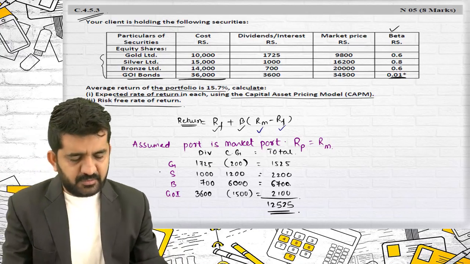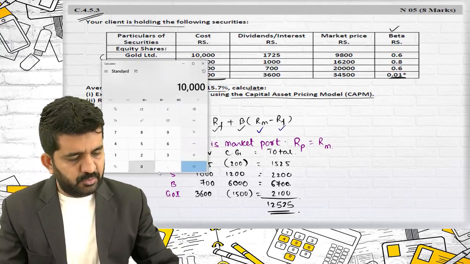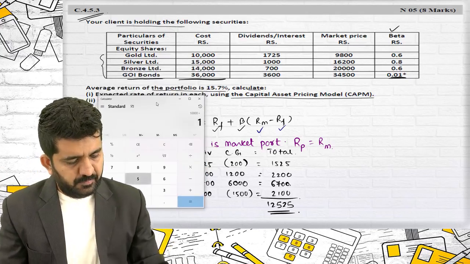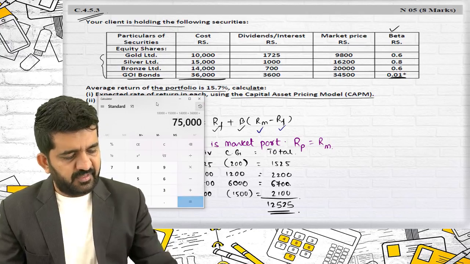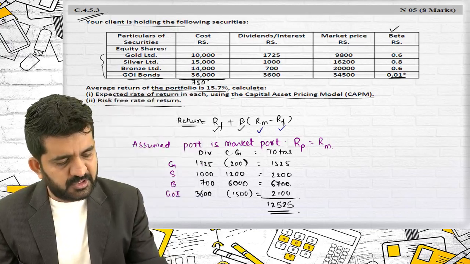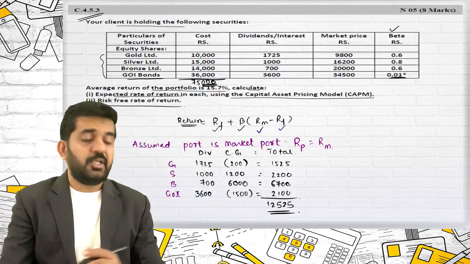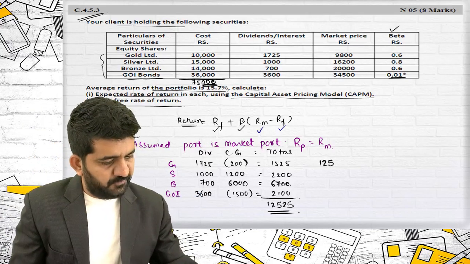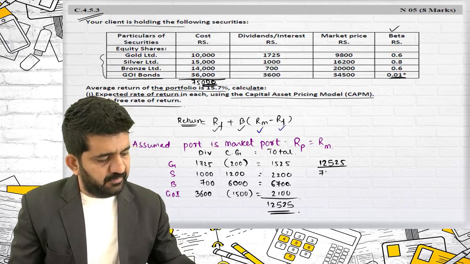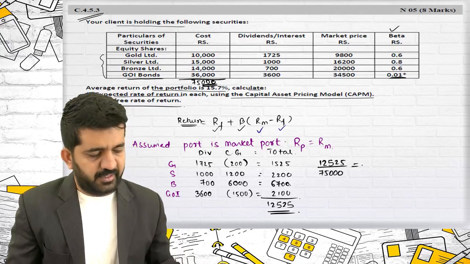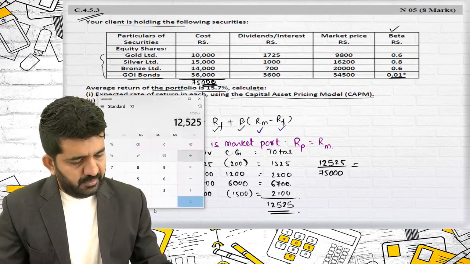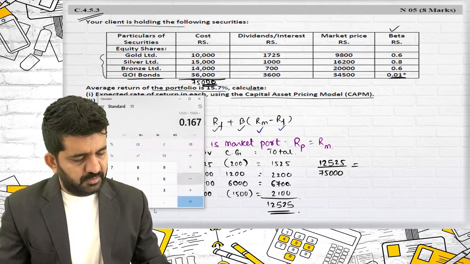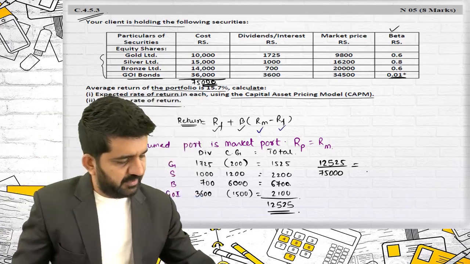Total of this: 10,000 plus 15,000 plus 14,000 plus 36,000. It is 75,000. So my total investment was 75,000. Return on investment is 12,525 divided by 75,000 multiplied by 100, which is 16.7%.